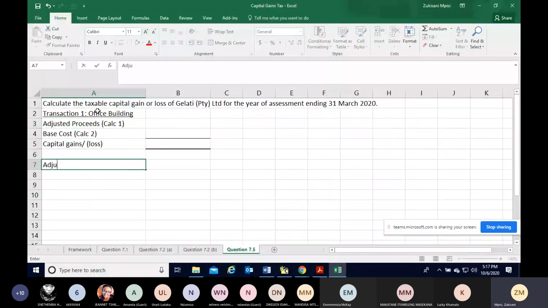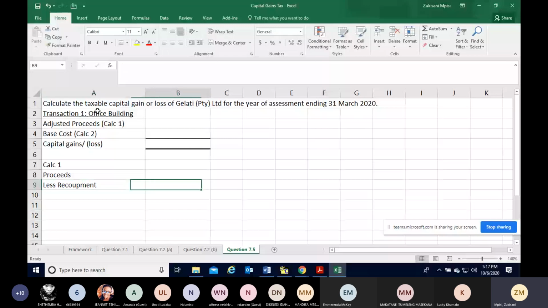Right. Adjusted proceeds will therefore be simple. This is calculation 1, adjusted proceeds, because it will be proceeds less recoupment, and we know that in this particular case there is no allowances, therefore the recoupment will be nil.